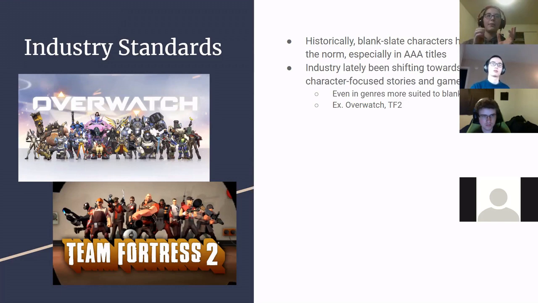They very much have defined casts of characters, even though the genre they're in, it's not battle royale, I'm blanking on the word, you could very easily get away with not having any defined characters in that genre, but they chose to give each class a personality and a character.